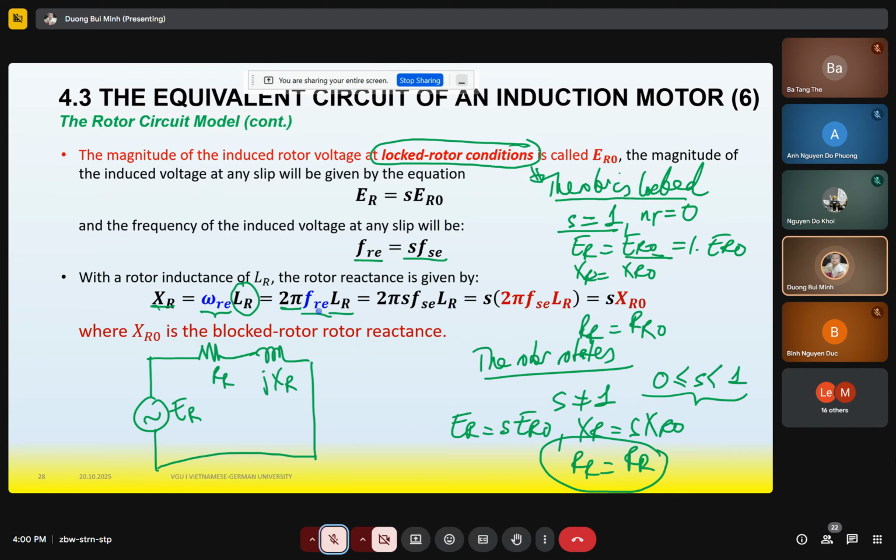And we know FRE is S times FSE. So if we take S outside, inside we have 2 pi FSE times LR, which means XR0. That means XR0 is omega SE times LR. Any questions?